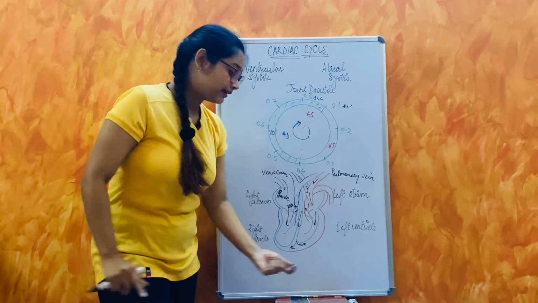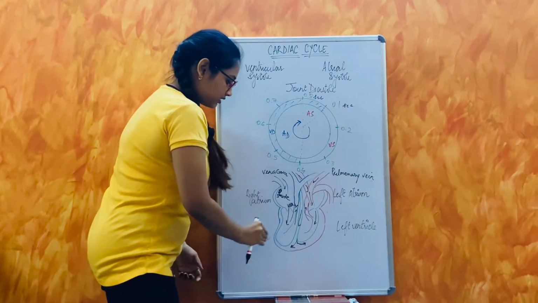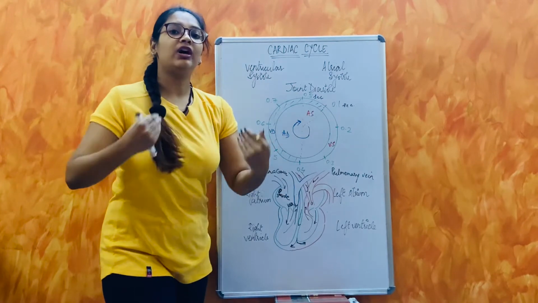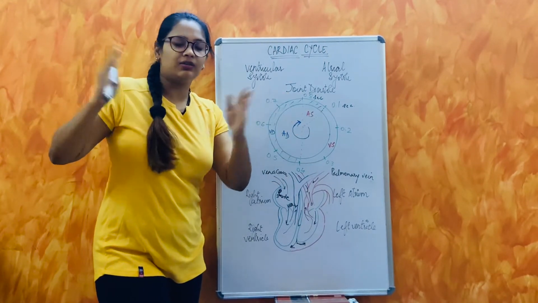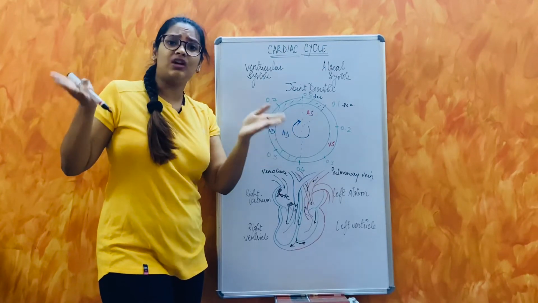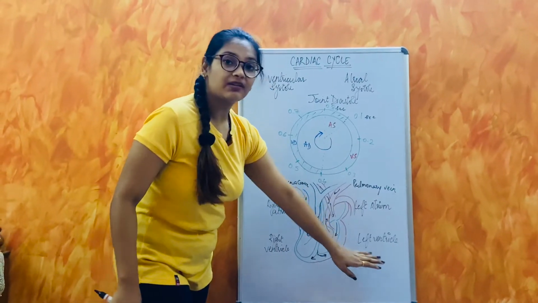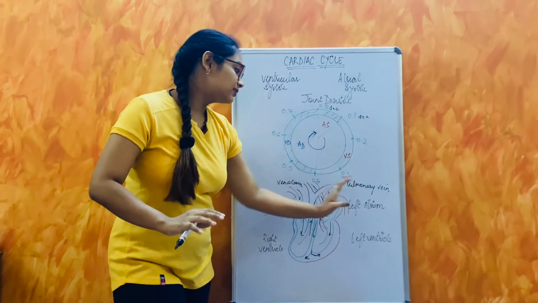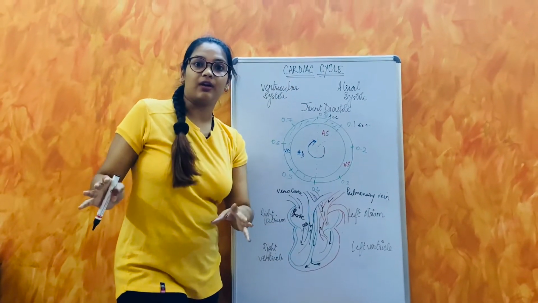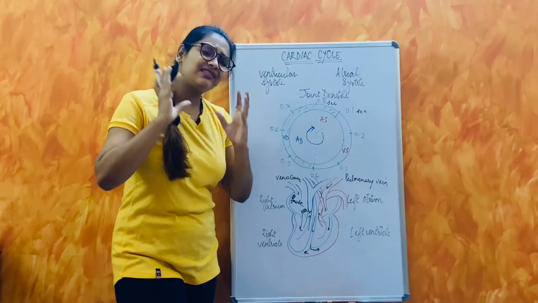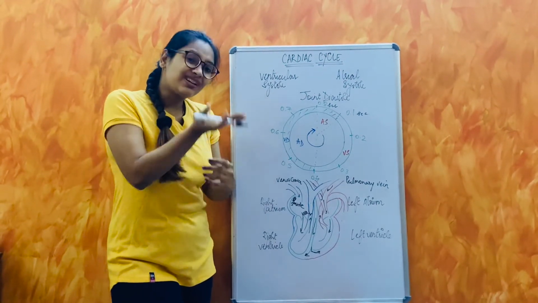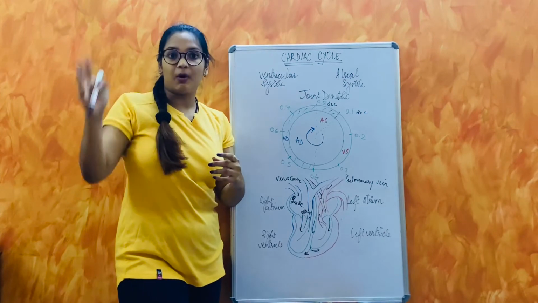And why is that? Because the right ventricle has to pump blood only to the lungs, which are situated right next to the heart. Whereas the left ventricle has to circulate this blood to the whole body through the aorta. So there should be enough pressure generated to thrust this blood to all of the body.